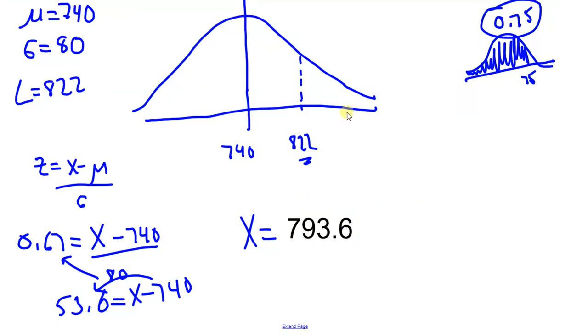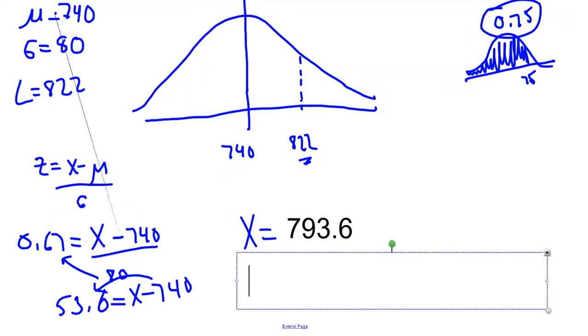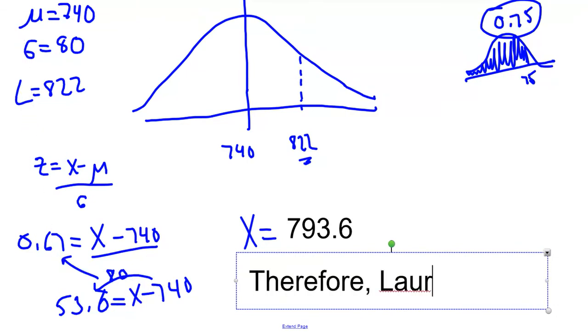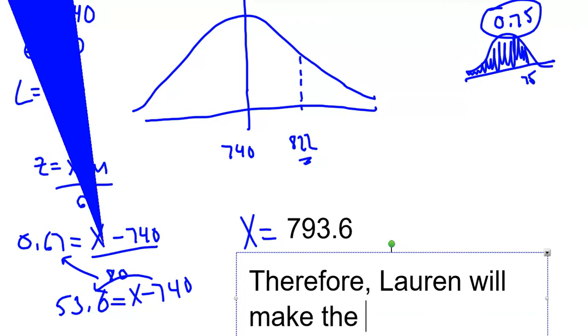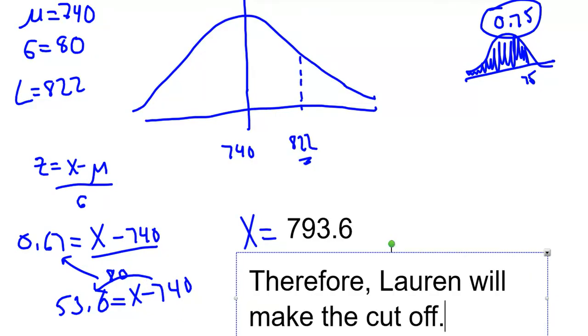So the cutoff in order to score in the top 25% is 793.6. Therefore, Lauren will make that cutoff because she scored 822. And you can write a therefore sentence. Okay, or Lauren will be accepted into the program. Either one.